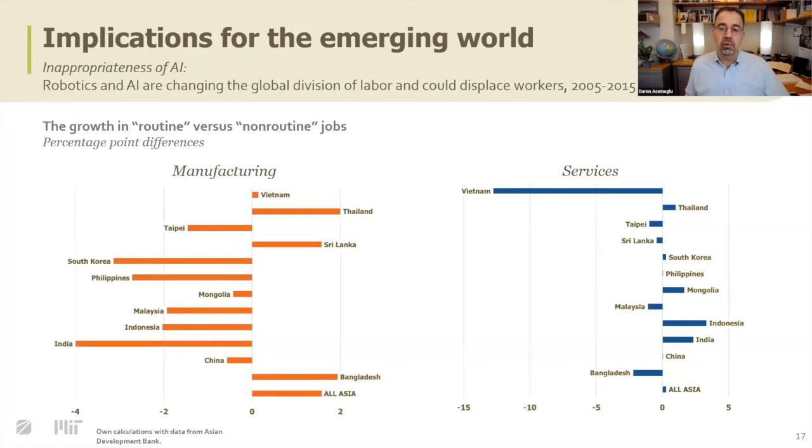And we see that already from the previous round of blue-collar work, where as robots and other advanced equipment were adopted in the West, we see that routine work declined not just in the West, but also in the developing world as well, and both in manufacturing and services. So if AI goes in a direction that's human replacing, that could actually have massive distributional effects around the world, not just in the industrialized countries.